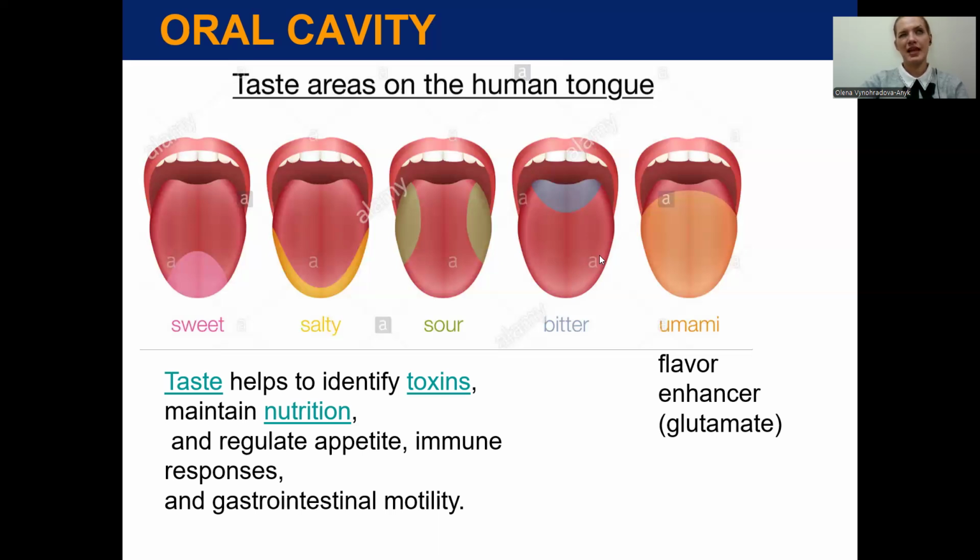But about 20, maybe 30 years ago, scientists discovered a new taste, and this taste is named umami. Did you hear about it? Umami. What does it mean, umami?